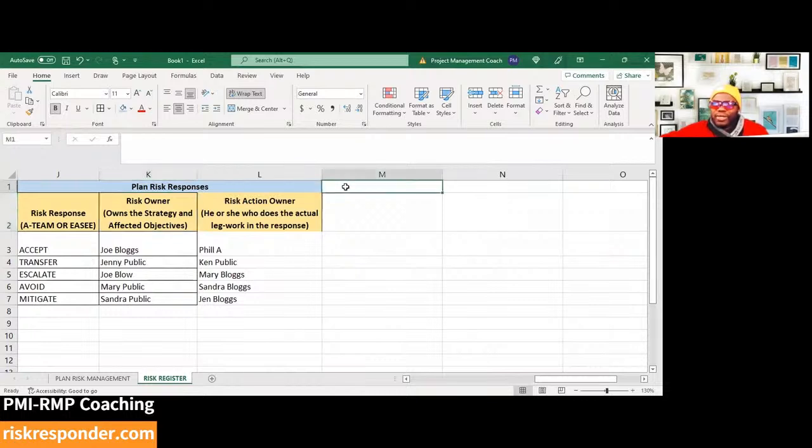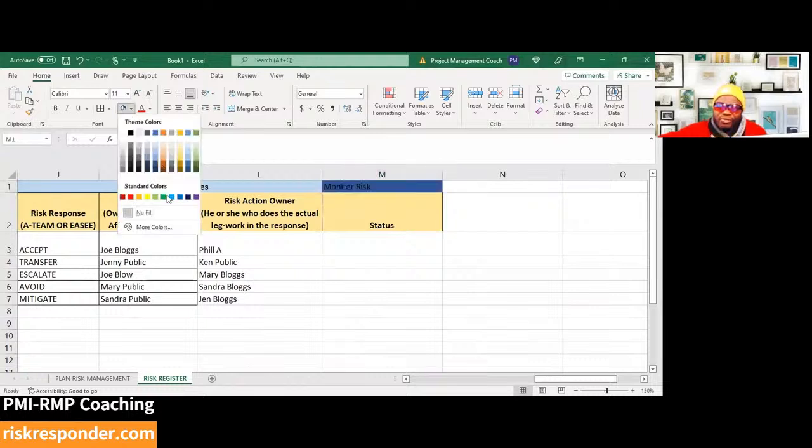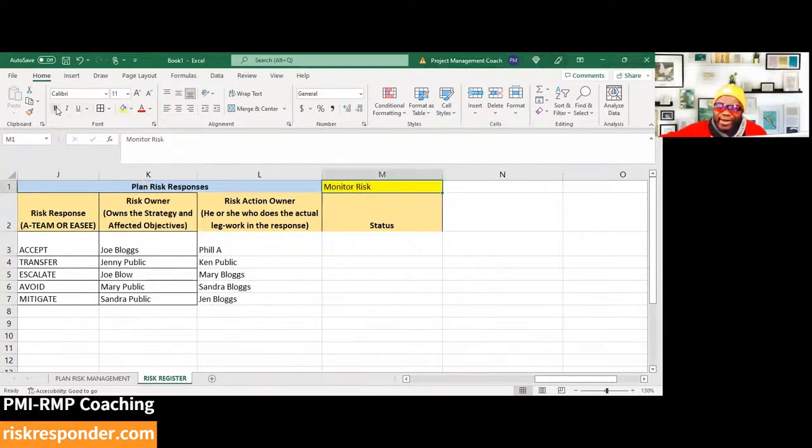And you will have a status column for the monitor risks. Monitor risk, this is really status. And it's really just to check up and make sure that the risk responses were adequate. If they were not adequate, why? And asking, are there any new risks to add to the list?